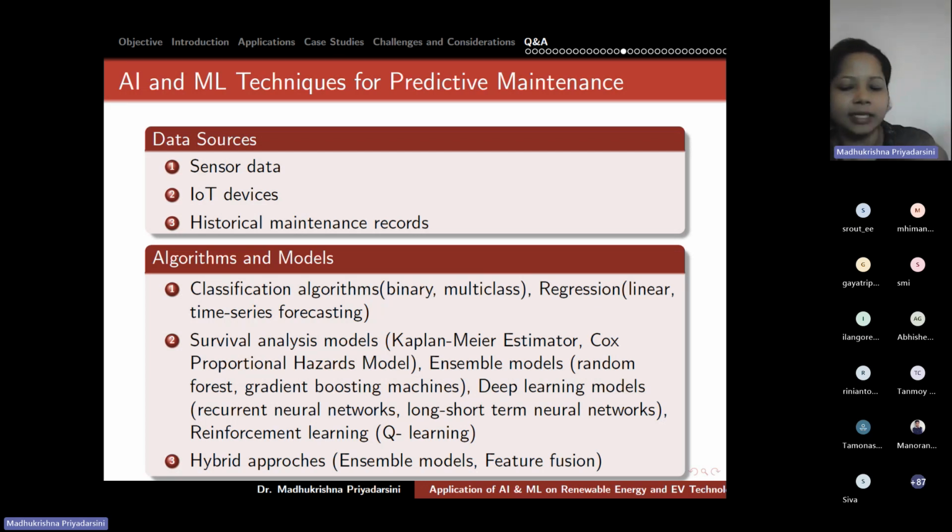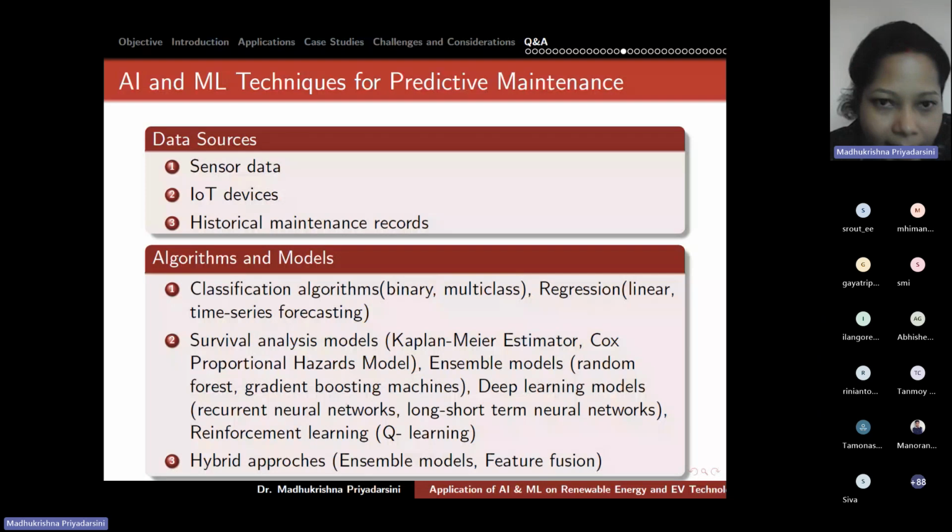So basically these things are working like that, how you are taking the input, and we are finding out the output there. So basically these two are the examples of how maintenance is done in the solar plants.